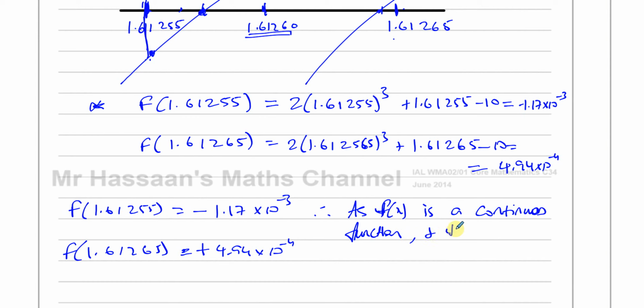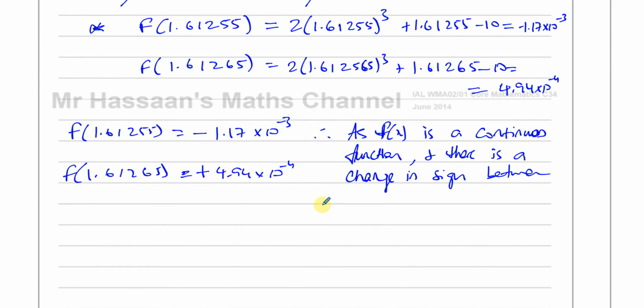And there is a change in sign between f(1.61255) and f(1.61265).